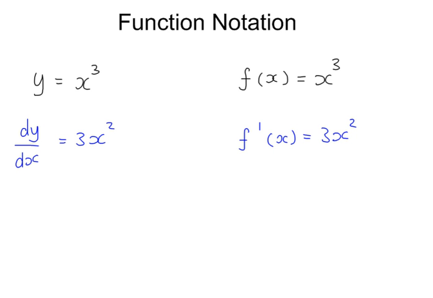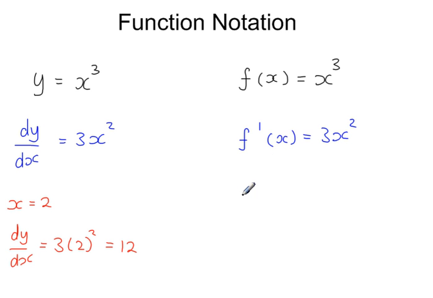That hasn't changed. So if I said what's the gradient of the curve when x is equal to 2, then using the y is equal to something in terms of x notation here, I'm going to say dy by dx is equal to 3 times 2 squared. 2 squared is 4 times 3, which is 12.